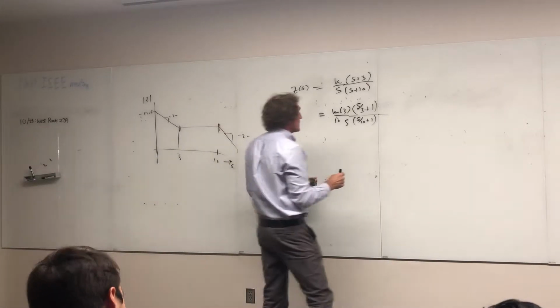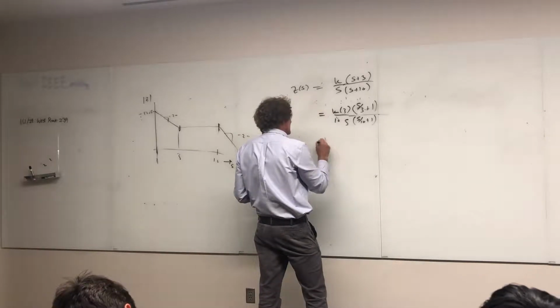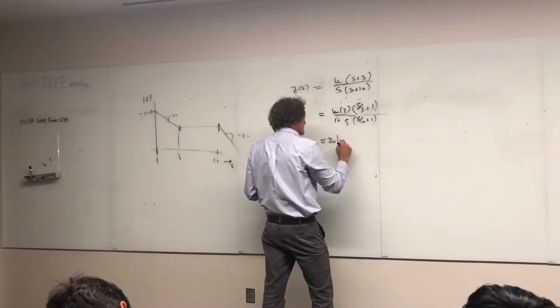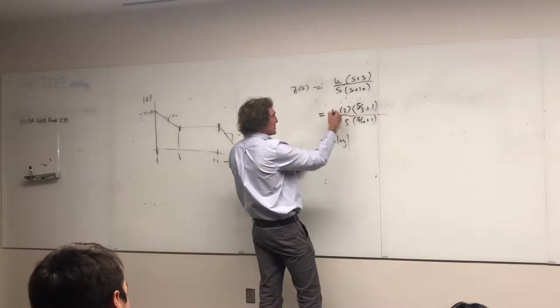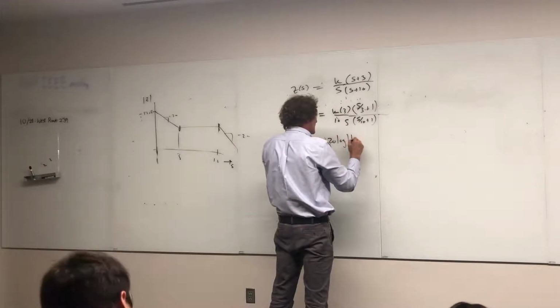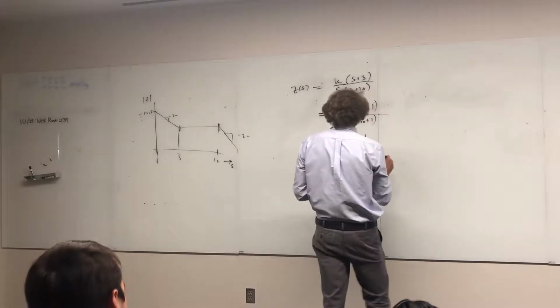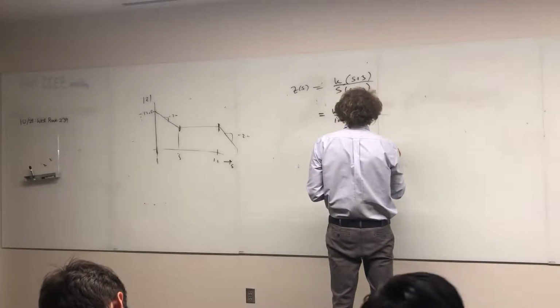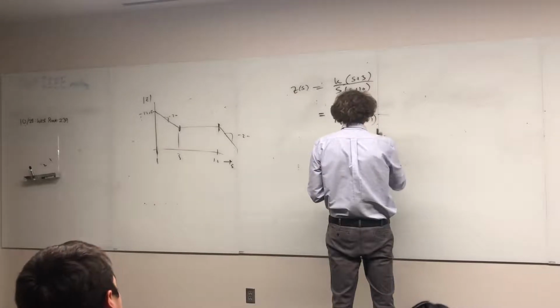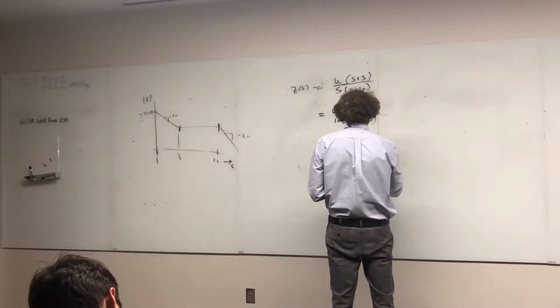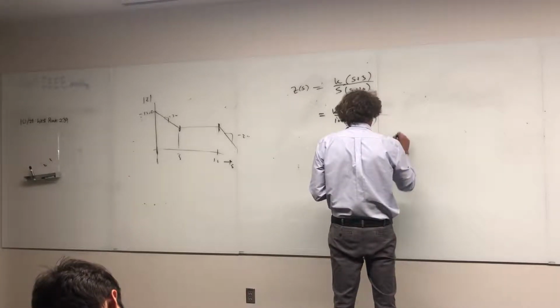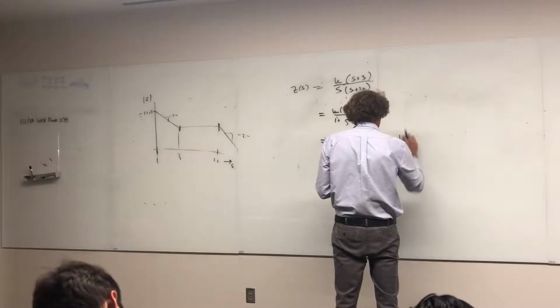Now when I break that out and I do the Bode of that, I take 20 times the log of the magnitude of this function. I'm going to take 20 log of K times 3 over 10. And then it's going to be minus 20 times the log of magnitude of S, just S here.